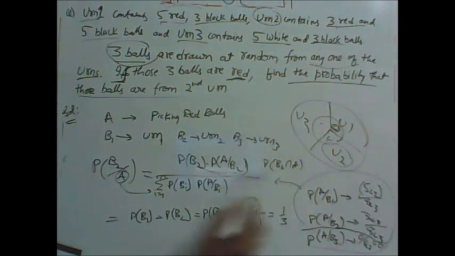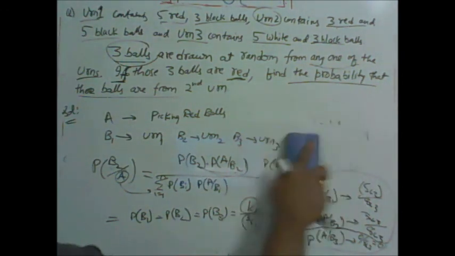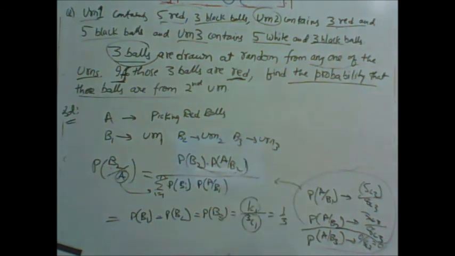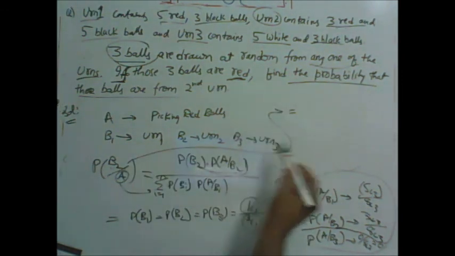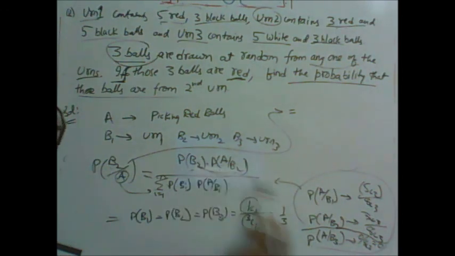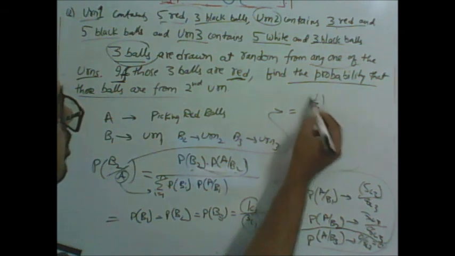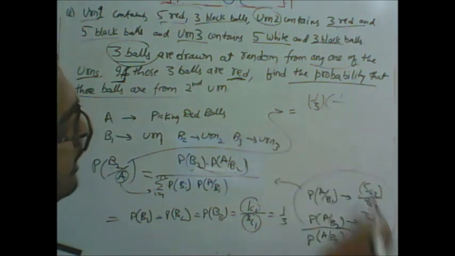When we substitute this in the formula, what we get is P of B2 into A by B2. P of B2 is 1 by 3, into P of A by B2, where 3C3 is 1, divided by 8C3.